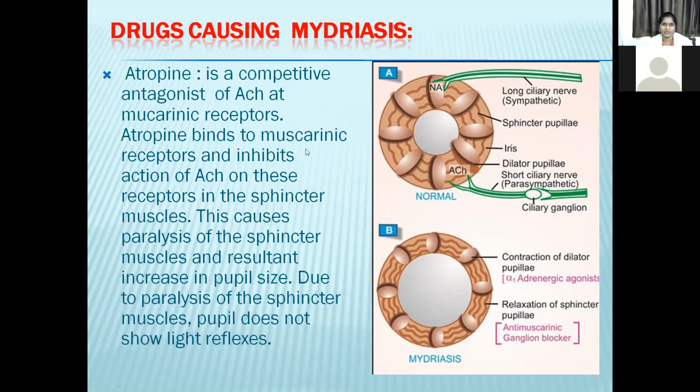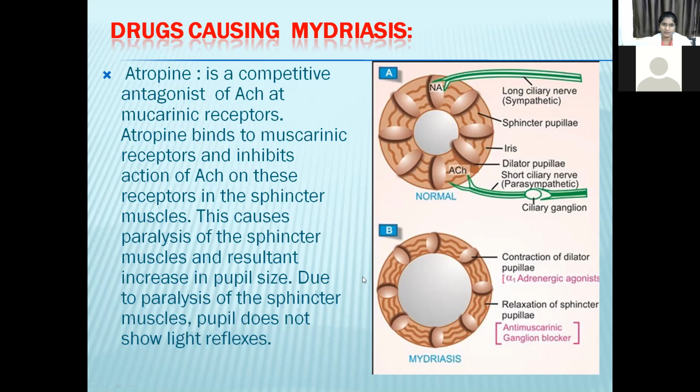It binds to the muscarinic receptors and inhibits the action of acetylcholine on these receptors in the sphincter muscles. This causes paralysis of the sphincter muscle and a resultant increase in pupil size. Because atropine is an anticholinergic drug, it blocks the M3 receptors and causes relaxation of the sphincter pupillae. When it relaxes the sphincter pupillae, it increases the pupil size. It is called passive mydriasis.